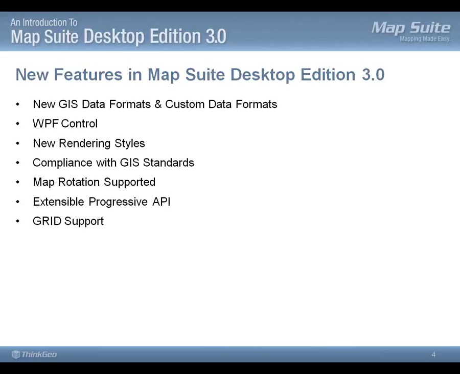Finally, some other noteworthy enhancements are that we're aligning more with GIS standards such as well-known text and well-known binary, which allow us to easily read various data formats. We have built-in support for map rotation, and we'll go over a little bit of that. I know a lot of desktop application developers want to be able to rotate the map as part of their requirements.